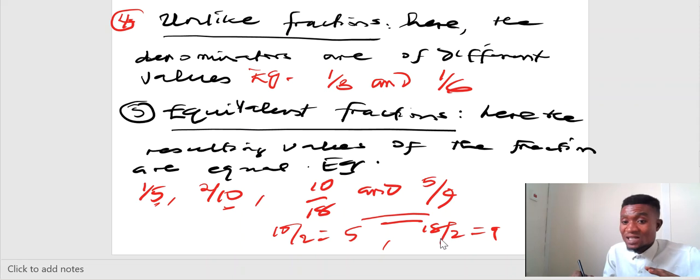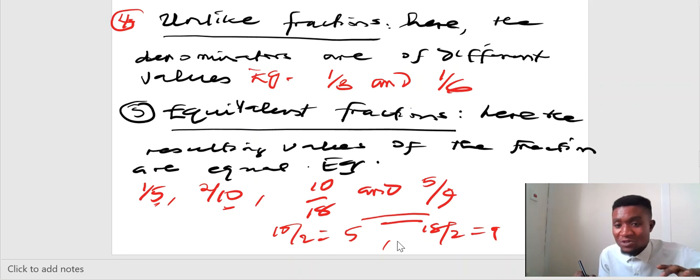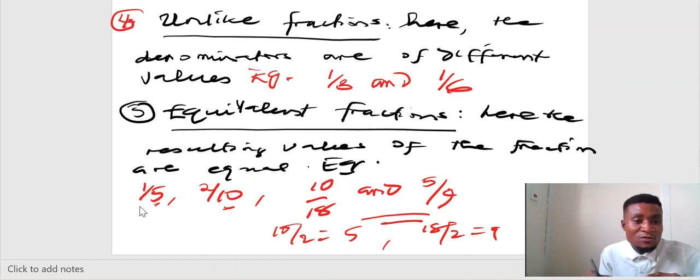So even at the end of the day, if you press your calculator and divide 5 by 9 and 10 by 18, you will discover that you are going to have the same value in decimal point, as the case may be. So this is the fifth type of fraction that we have.